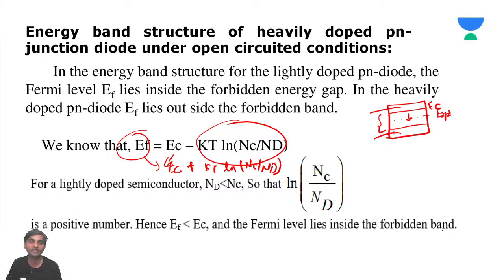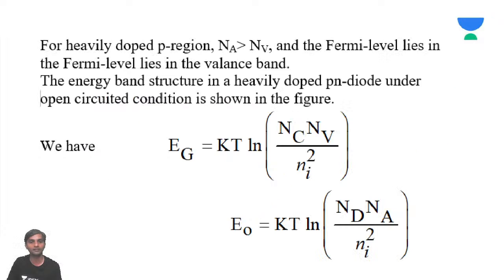If it is negative, it will be in the valence band. So if a heavily doped NA is greater than NV, the Fermi level lies in the valence band. This is what I am talking about. The energy band structure in a heavily doped PN diode under open circuit conditions, we'll show in the next slide.